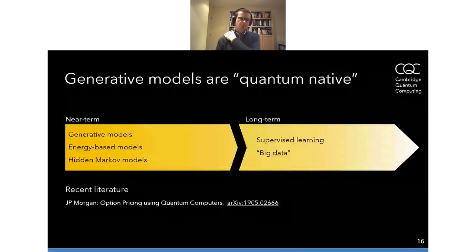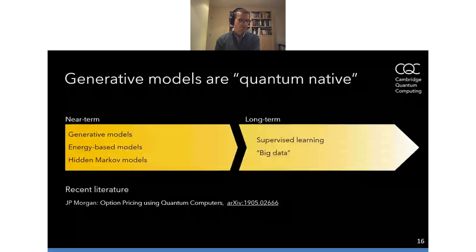On the machine learning side, there are again a few machine learning problems that are perhaps more suitable for the near term. And we believe that what I wrote down here, what falls under the umbrella of generative models or energy-based models as well, seem to be more near-term approaches of machine learning that are in a way quantum native. So these kinds of generative models, you can imagine them as a probabilistic model of data. So you try to find a probability distribution that models your data in an optimal way.